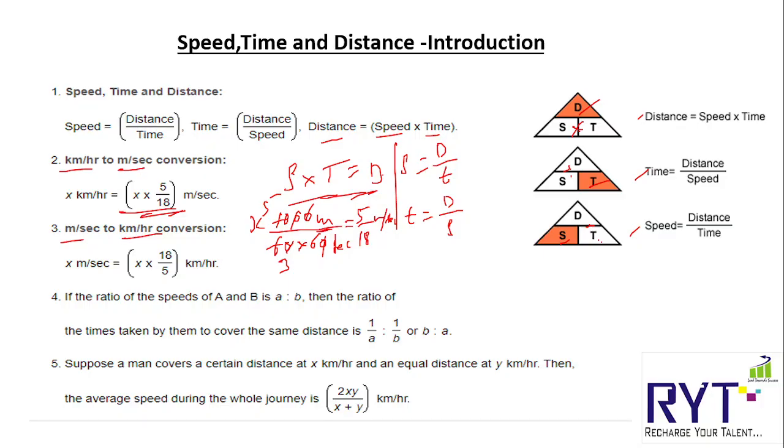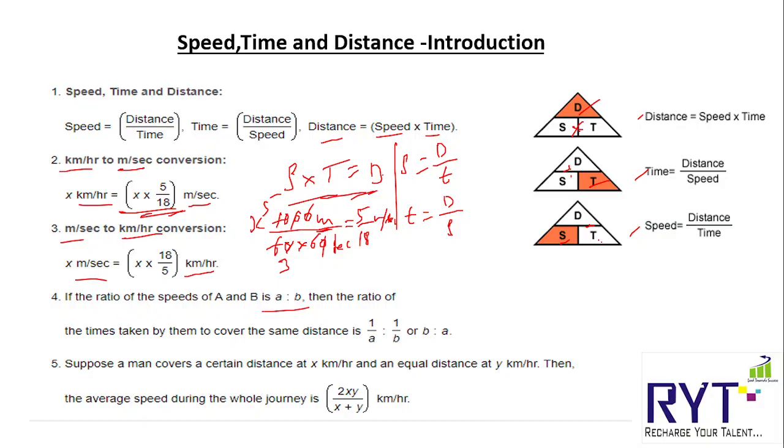When we have kilometer per hour, to convert into meter per second, we multiply that number by 5 by 18. If you want to do the reverse calculation, that is, convert meter per second to kilometer per hour, then just make it reverse, 18 by 5, that's all. So this becomes 18 by 5 kilometer per hour.